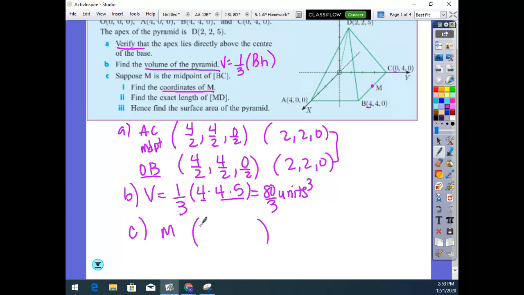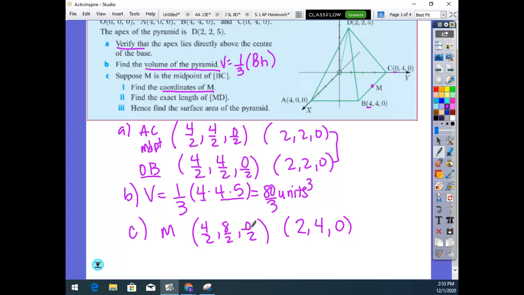So 0 plus 4 is 4 over 2. Average the y's. 4 plus 4 is 8 over 2. And 0 and 0 is 0 over 2. So the coordinate of M is 2, 4, 0.